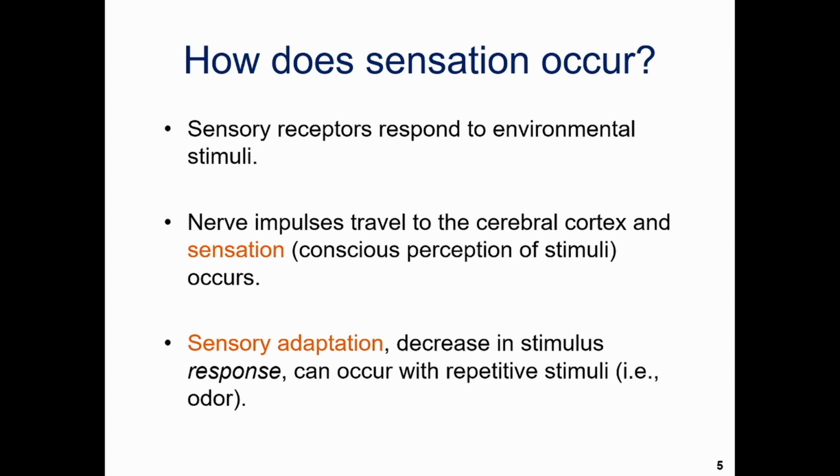You're exposed to that odor so much that your brain basically ignores it. But for this visitor who comes in, that's a totally new stimulus. And so they're going to respond to that stimulus. They're going to be able to detect and have a sensation of that smell.